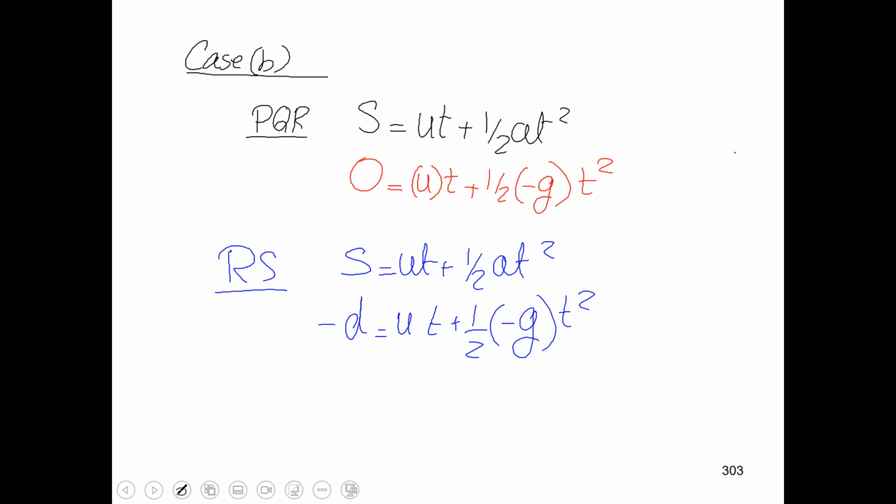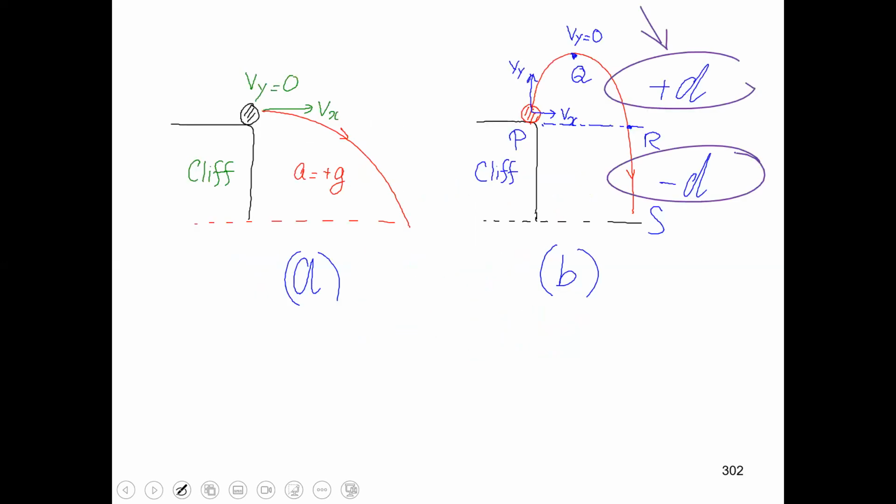Yes, sir, copied. Now, the point is here, why in case of PQR, look at the diagram.